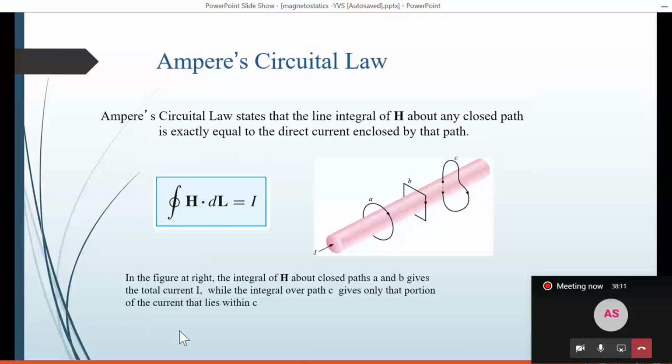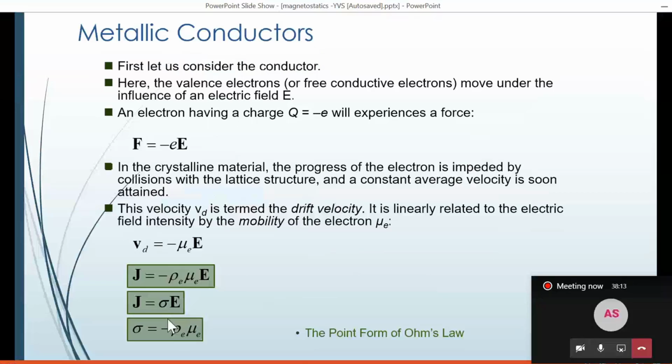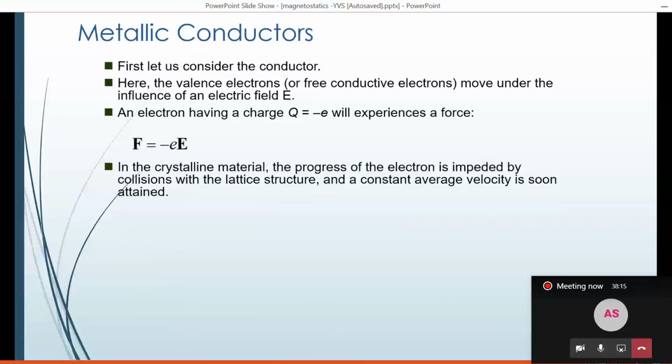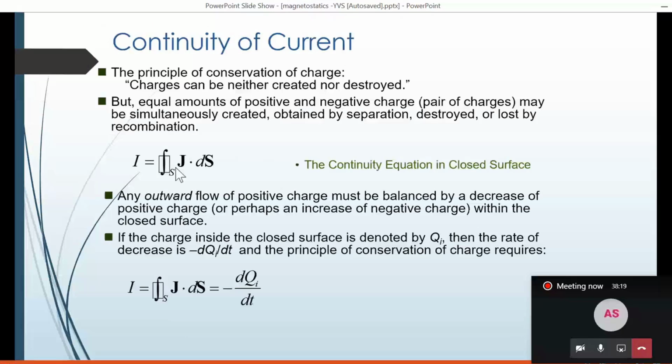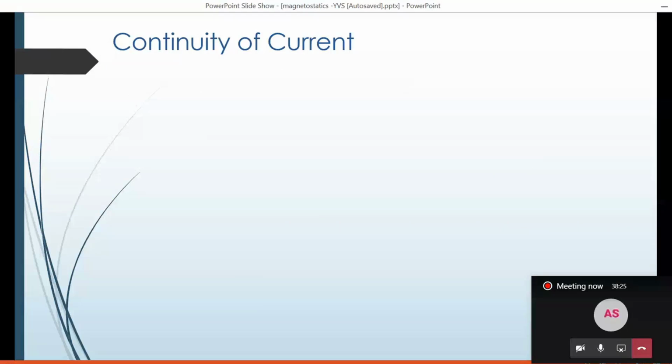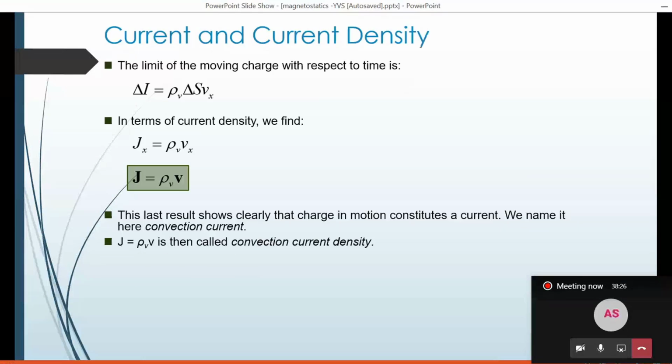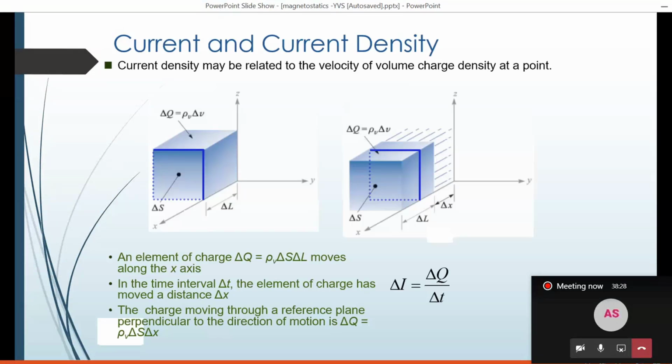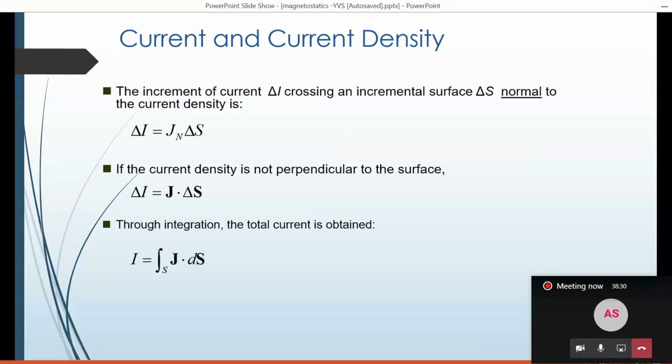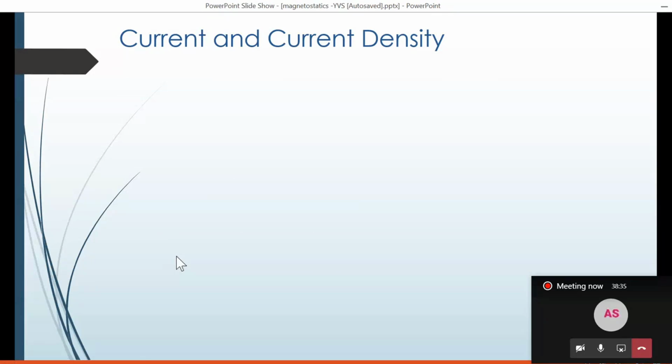Now, with this brief introduction of J bar, I, and all the other parameters, this equation is again important: I is equal to the closed surface integration of J bar dot ds bar. And one more term that is important: I is equal to the integration of J dot ds.